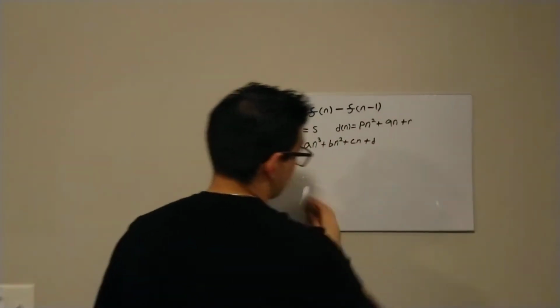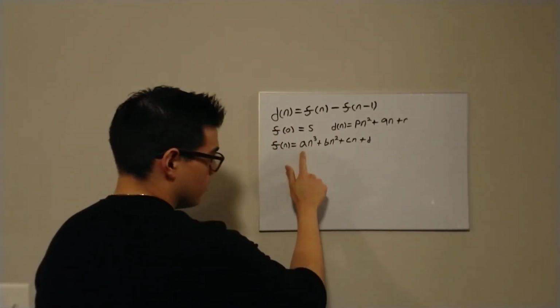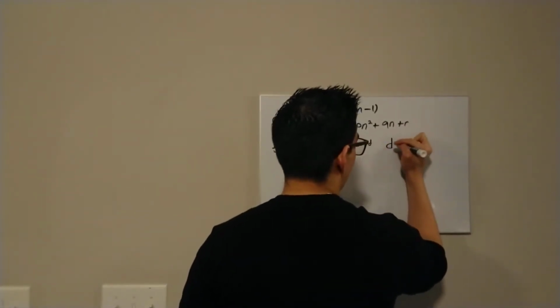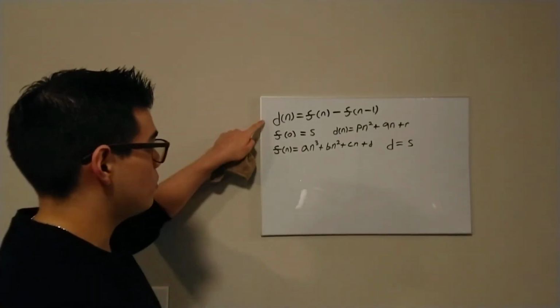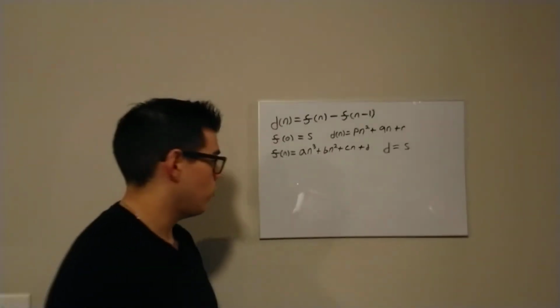So let's begin to look for these coefficients. Just looking at this, we know that when we have f of 0, this zeroes out, this zeroes out, this zeroes out. Therefore, we can immediately tell that d is equal to s. Now we're going to solve for d of n using these terms, and then we're going to find them in terms of p, q, and r.